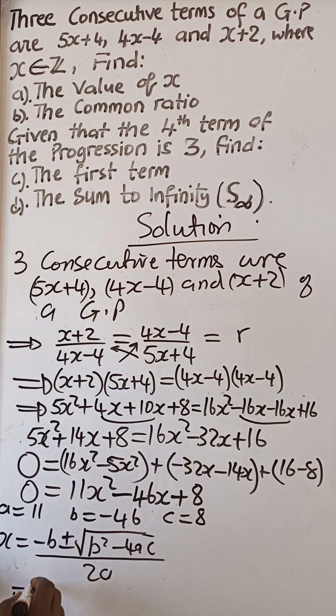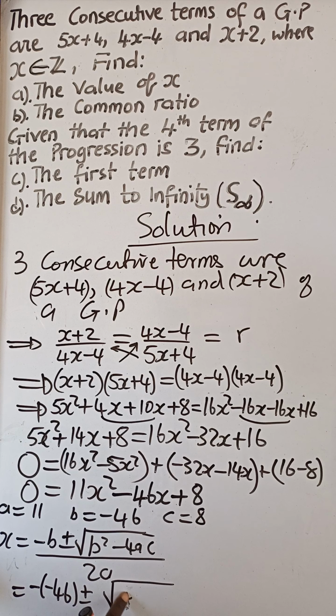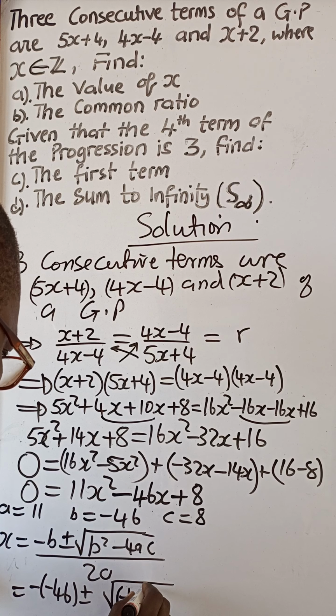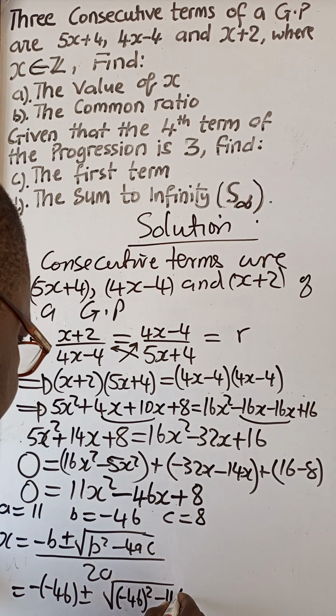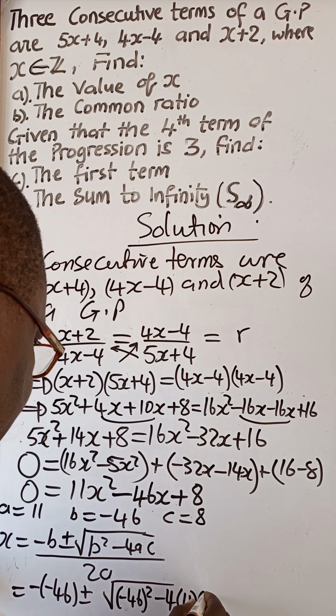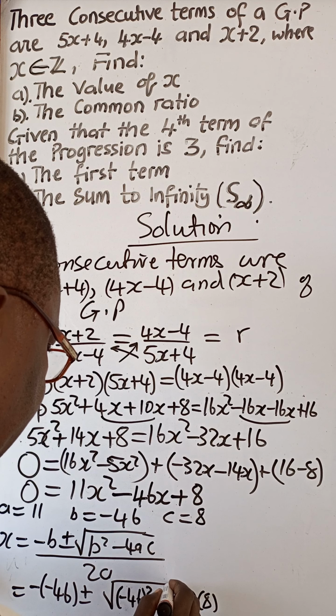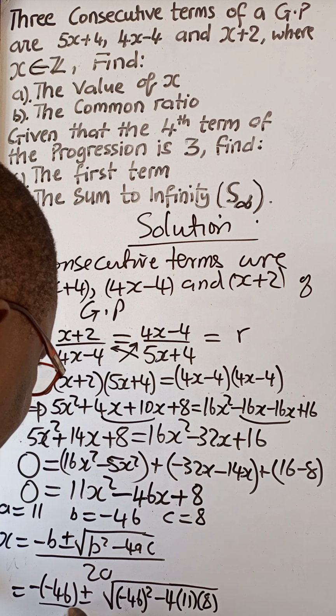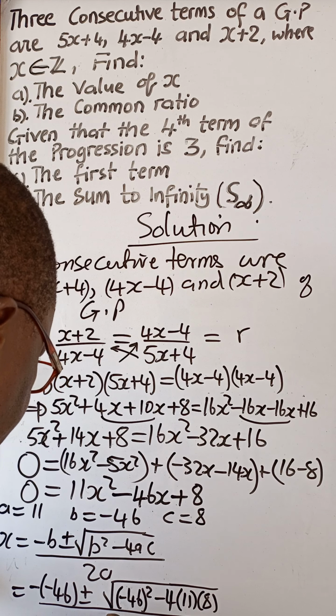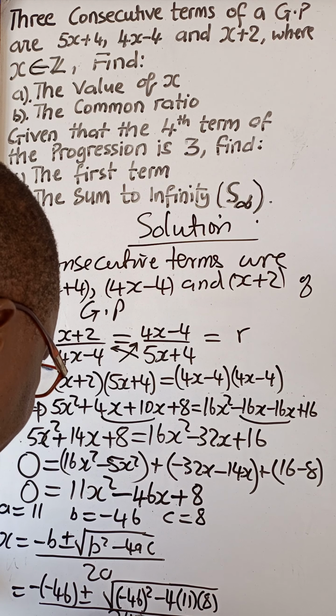So let's put in the values that we have. That's going to give us negative 46 plus minus the root of negative 46 squared minus 4, our A is 11, and our C is 8, 4AC. All of that divided by 2A.